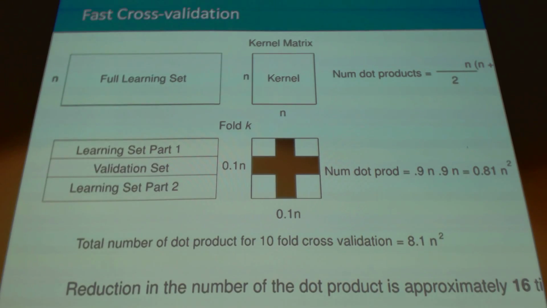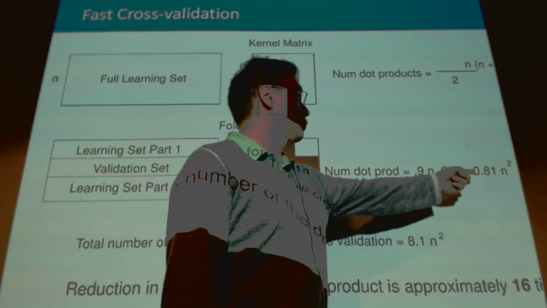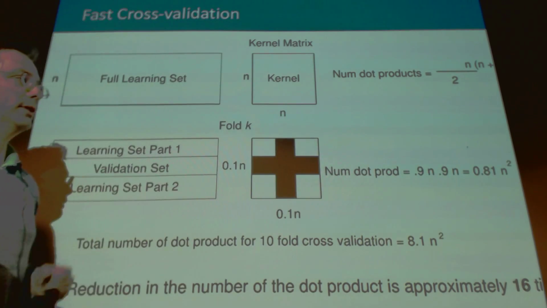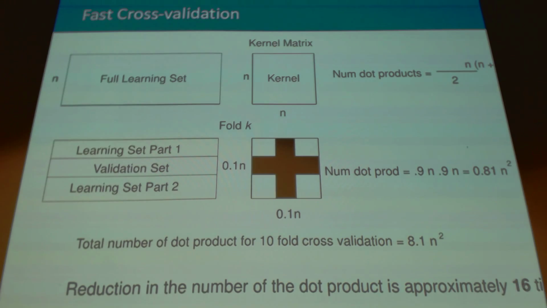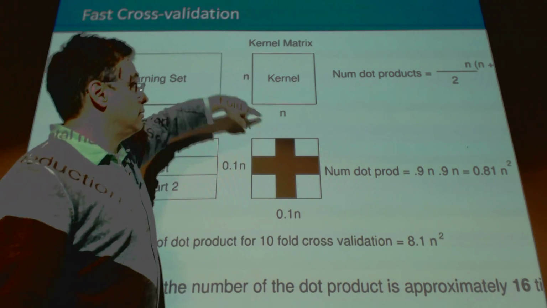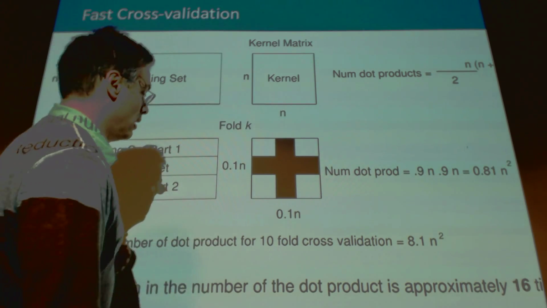That means that for one cross-validation, libSVM would make 0.8 n squared dot products. But if you look at this kernel matrix, if you calculate everything once, that's it. You can reuse stuff.